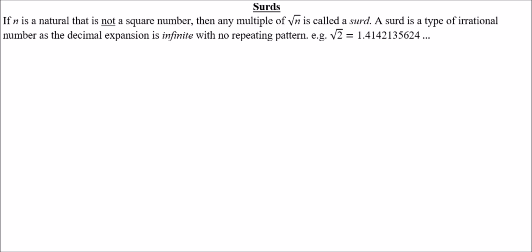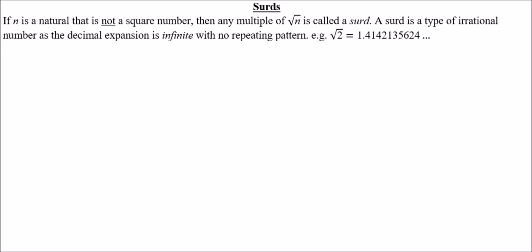Let's now have a look at the main body of the lesson, which is going to be talking through surds and how to use surds. So first of all, let's just remind ourselves of what a surd actually is. If n is a natural number that's not a square number, then any multiple of root n is called a surd.